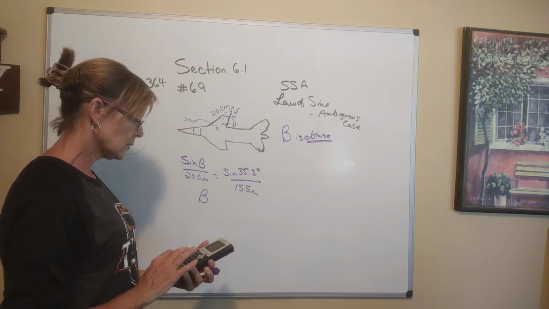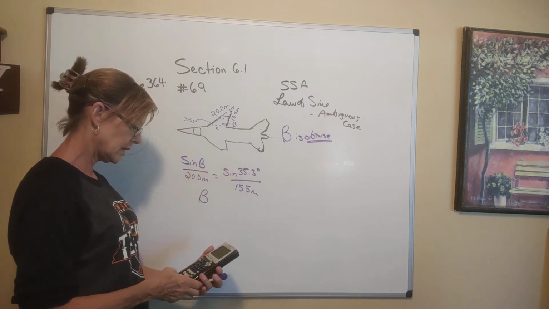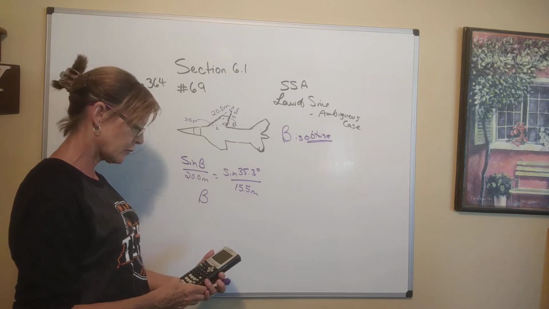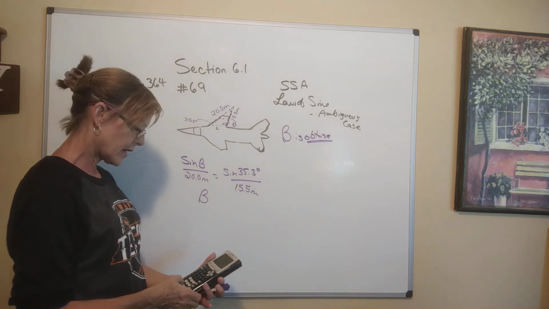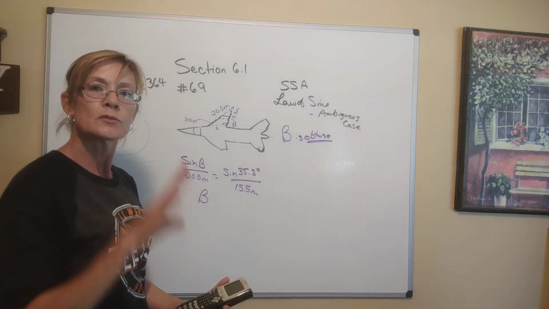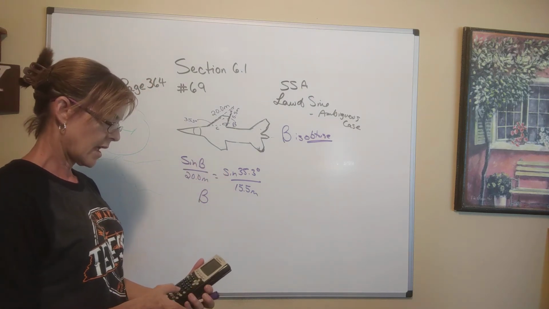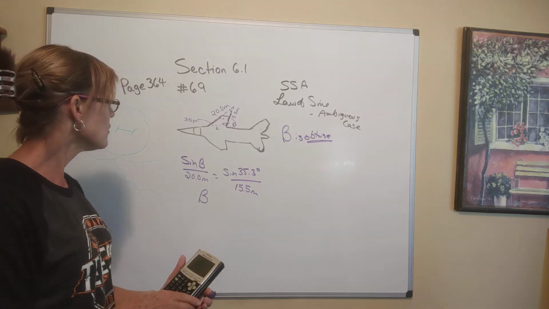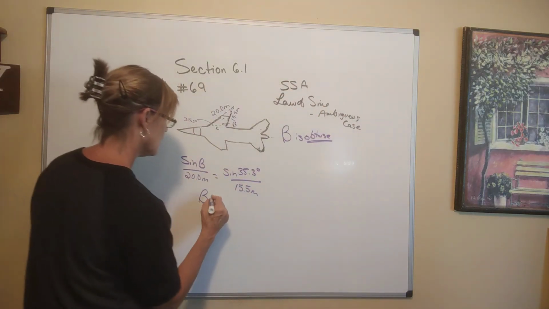So when we do this, we will say 20 times the sine of 35.3 divided by 15.5 is 0.7456. We take the inverse sine of that, and it gives us that angle B, or beta, is 48.2 degrees.